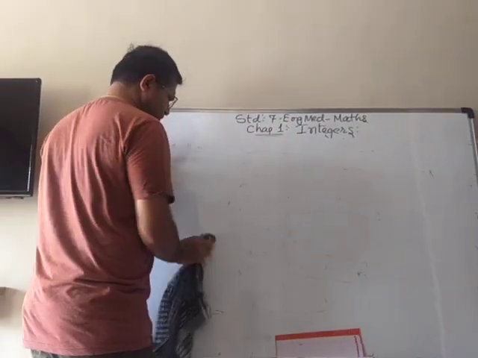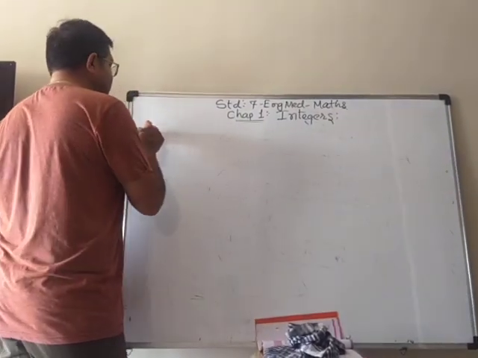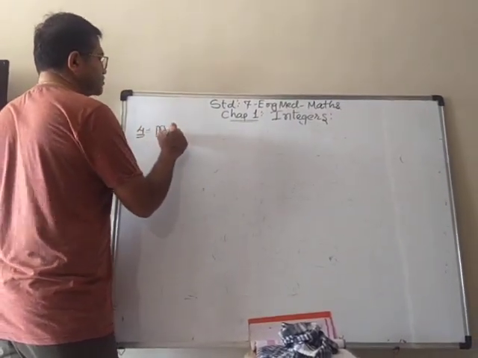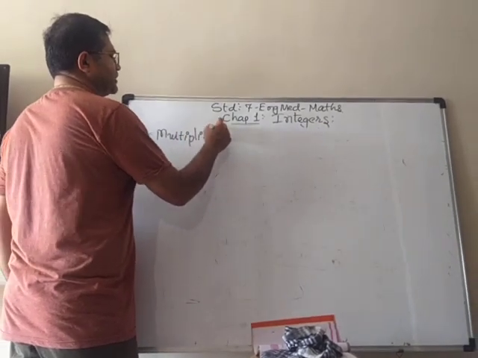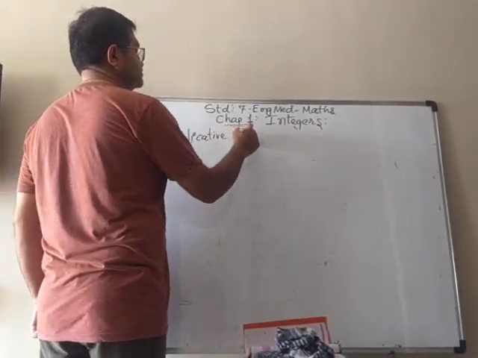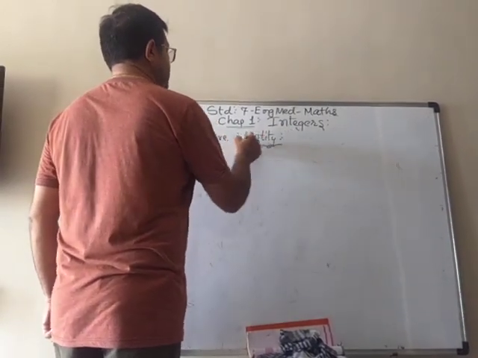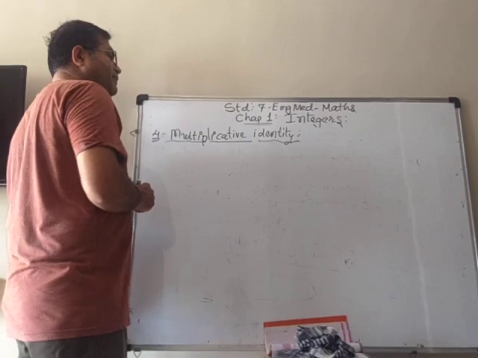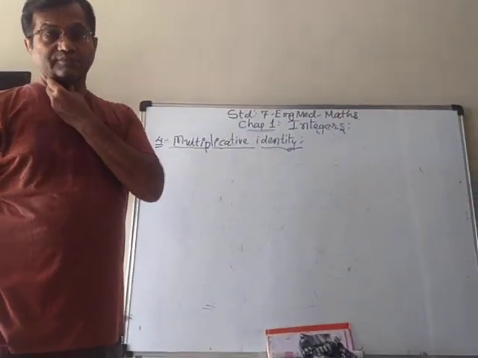Then the next property is the multiplicative identity. You already learned about the additive identity when you learned about addition.